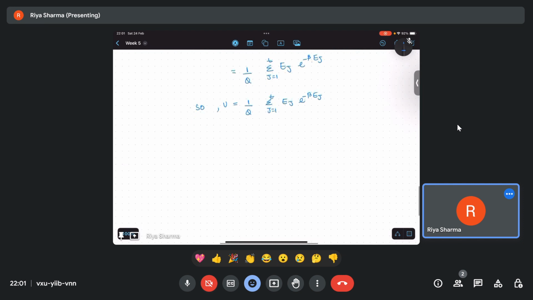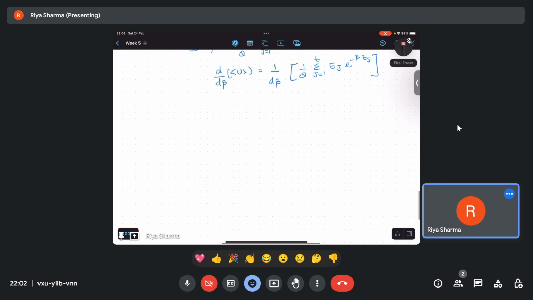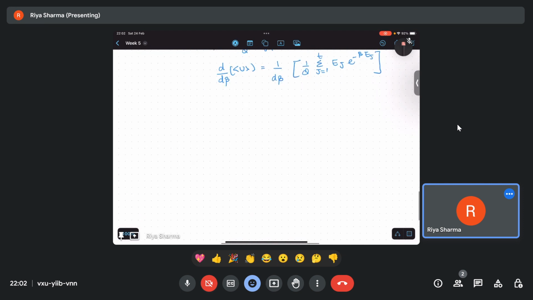So d by d beta of U will equal d by d beta of 1 by Q, the summation from j equals 1 to t of Ej e raised to the power minus beta Ej, which implies dU by d beta is equal to the summation from j equals 1 to t of Ej e raised to the power minus beta Ej.